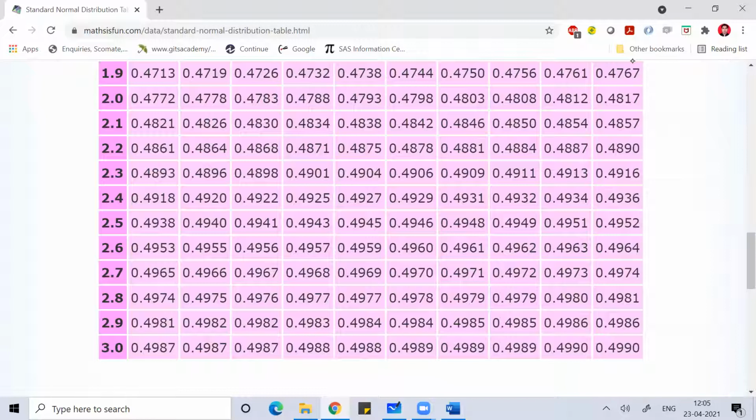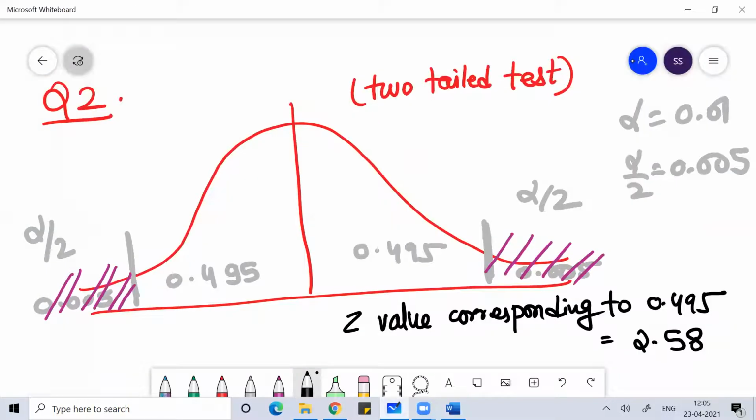It would be better if you look into your own platform. So you get a value called 2.58. Everyone please see. Ask me if anyone has any doubt. So the Z value corresponding to 0.495 is 2.58.